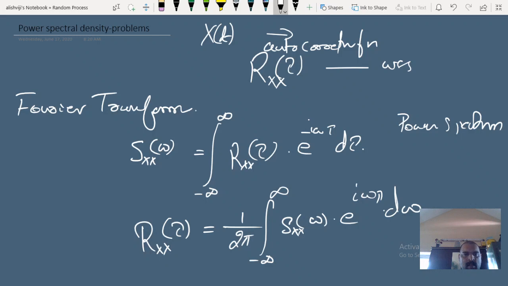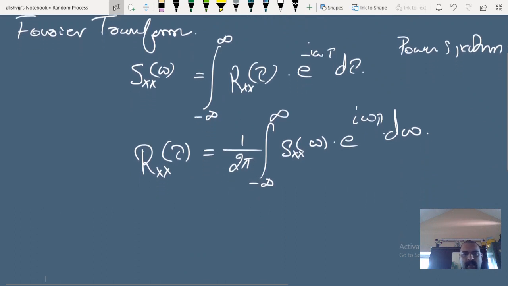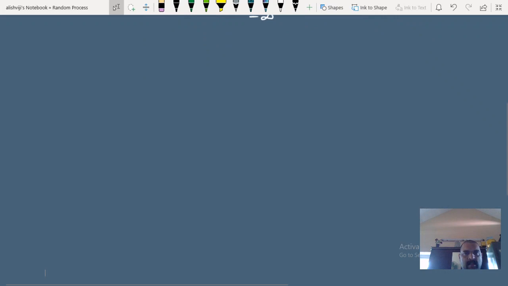So that is how we can find the power spectral density of a random process, and the autocorrelation function from the power spectral density.